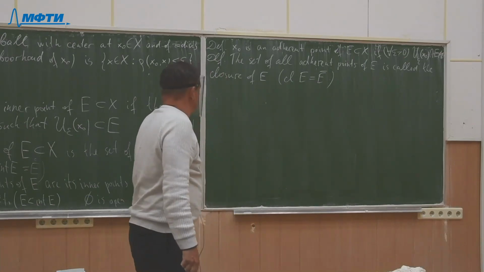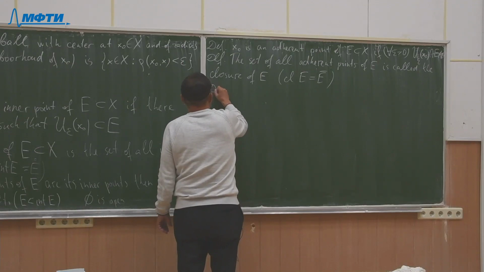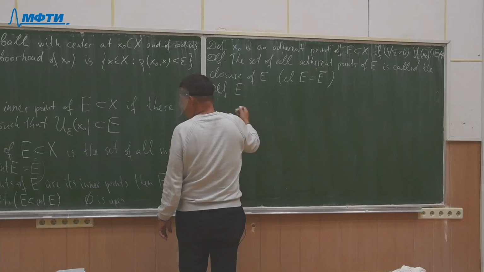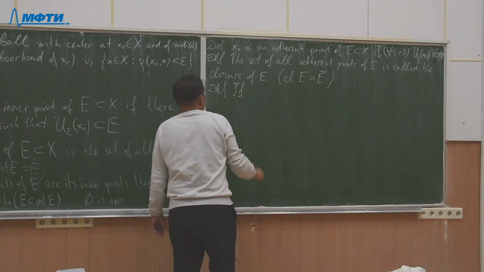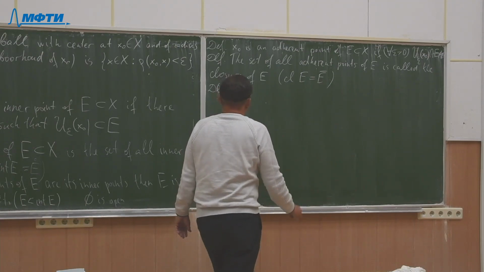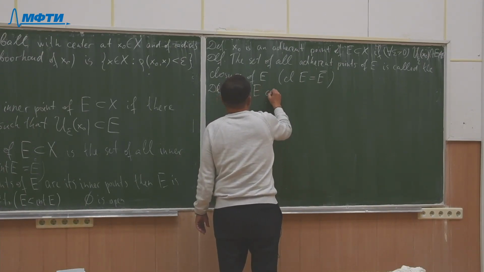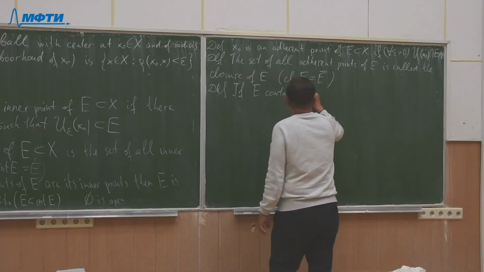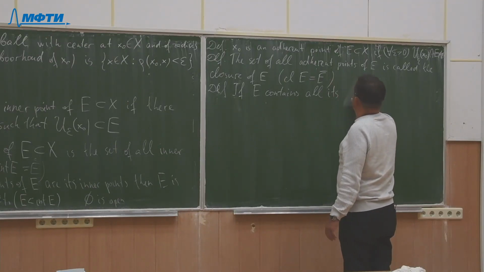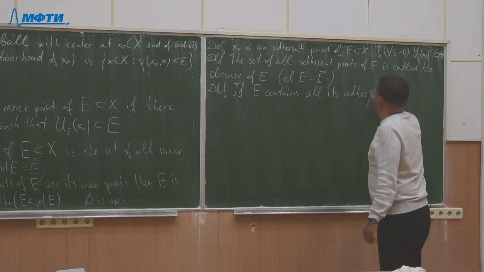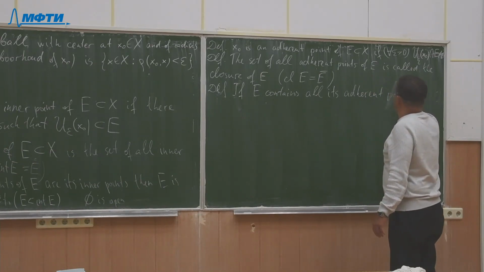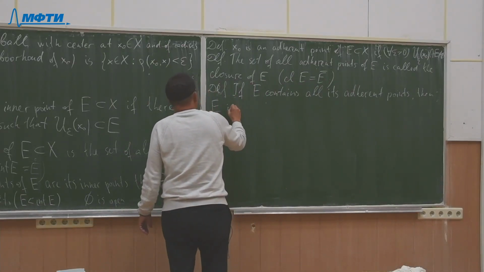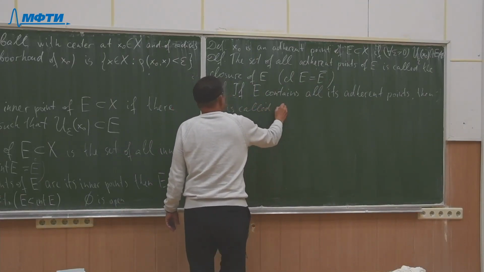Then next definition, if E contains all its adherent points, then E is called a closed set.